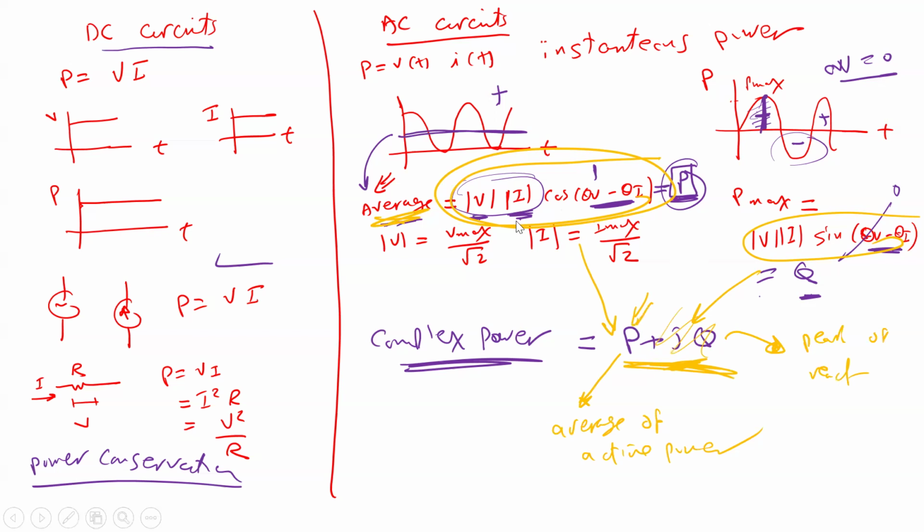Now I will explain how you can calculate the power in the complex domain. So number one, if you have a source, either a current source or a voltage source, the formula you can use for the complex power S should equal V times I asterisk. Okay, what is asterisk? This is the conjugate.